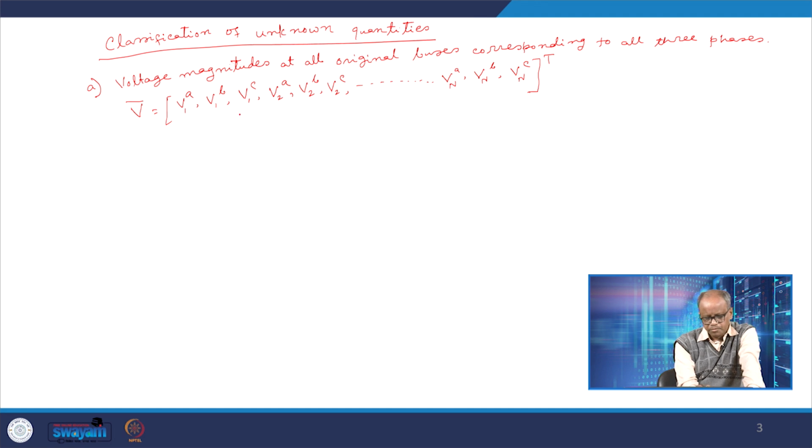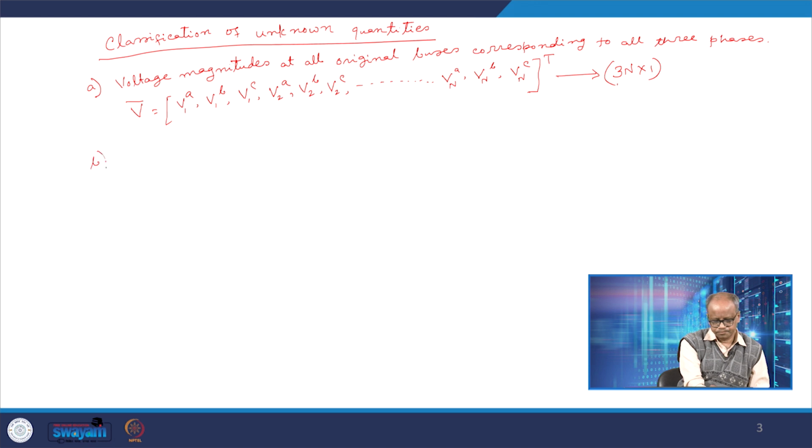There are a total of n buses. So for every bus the unknown quantities are V1a, V1b, V1c, V2a, V2b, V2c, and so on up to Vna, Vnb, Vnc. So the total number of unknowns is 3n cross 1.